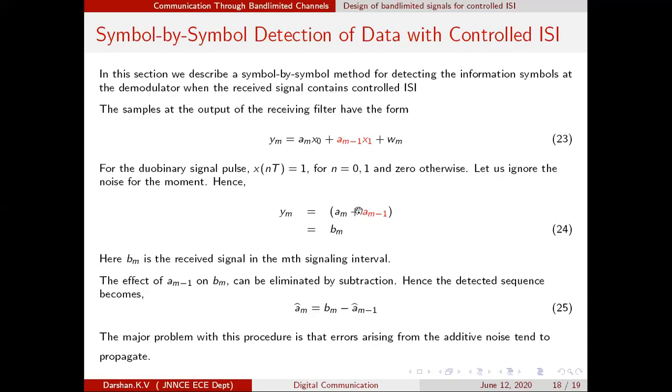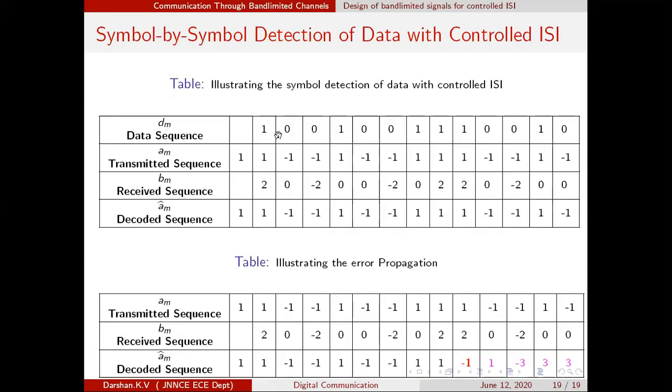So we will take an example for the equation. The first row you are observing is the data sequence. We will have a simple convention. This is binary data, but it is pulse amplitude modulated. So 1 is identified as a pulse of amplitude 1, and 0 as a pulse of amplitude -1.